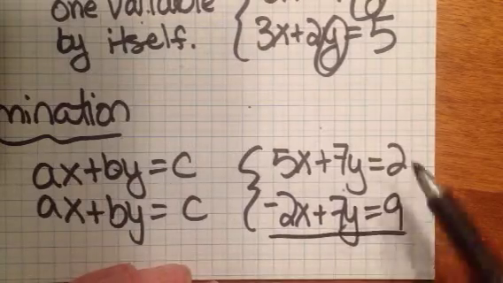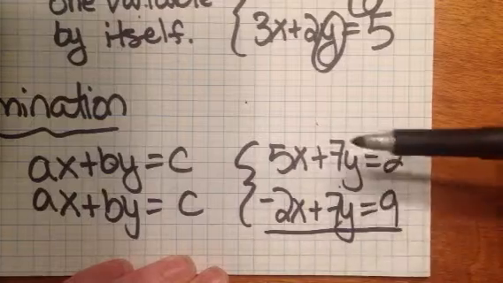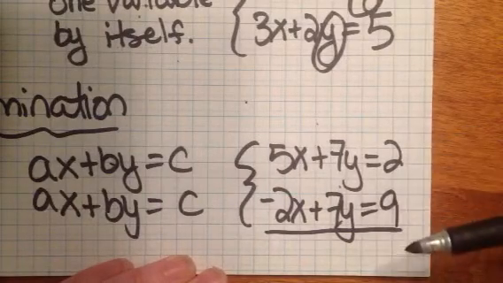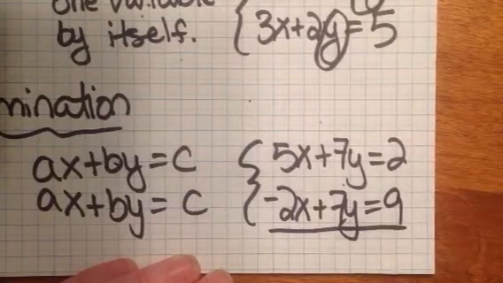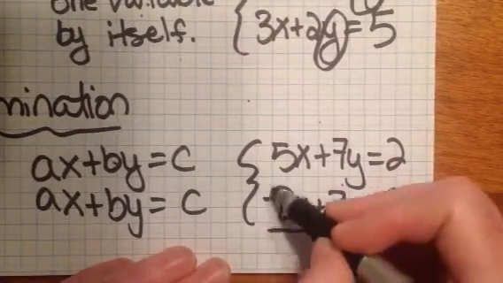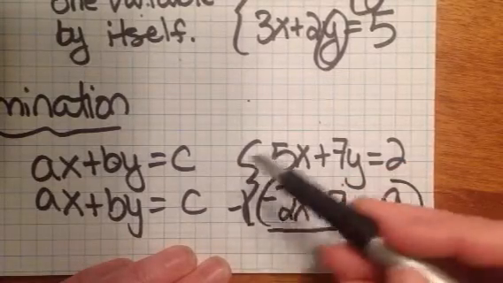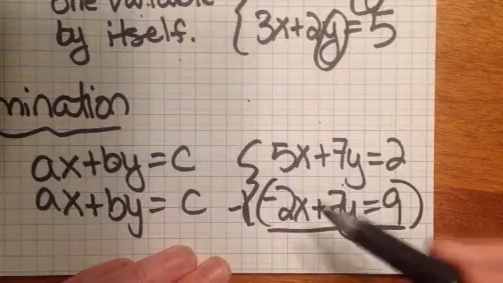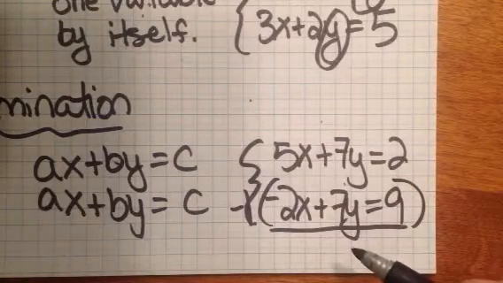Now, it's not a perfect example, because if we just combine these two, I get 3x plus 14y equals 11. So sometimes you have to do a little bit of manipulation. In this case, I want the 7 to be negative. So if I multiply this whole equation by -1, or think of subtracting this equation, that's how we're going to get this y value to eliminate.